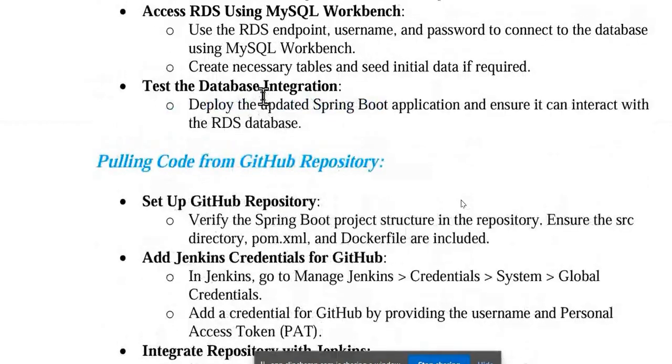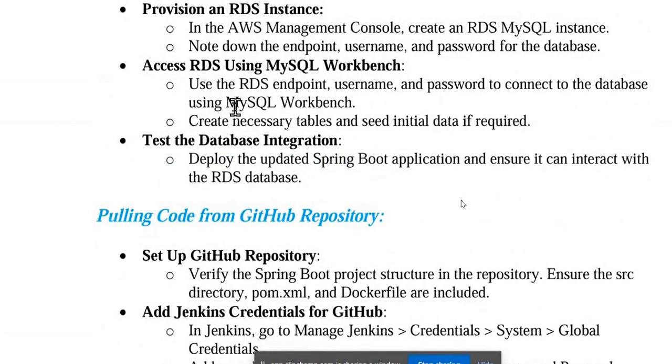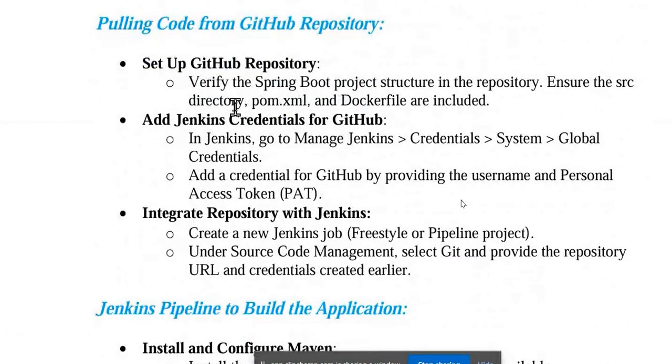And once the database has been set up completely, the next step is to pull the code from the repository. That is, set up the GitHub repository. We need to create a new repository in the GitHub account, and the naming convention should be followed with respect to your project. So verify the Spring Boot project structure in the repository.